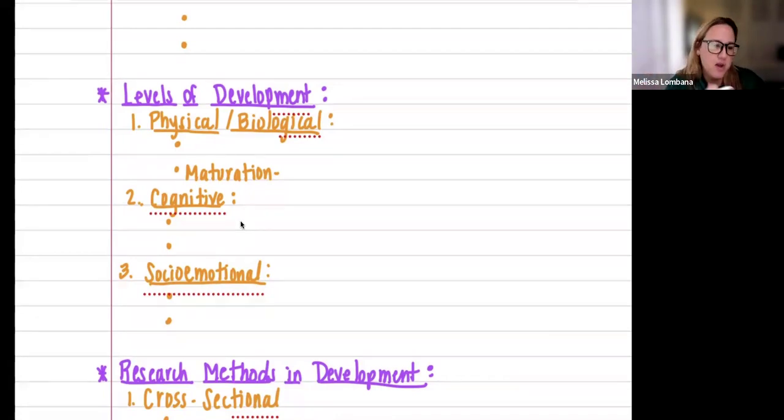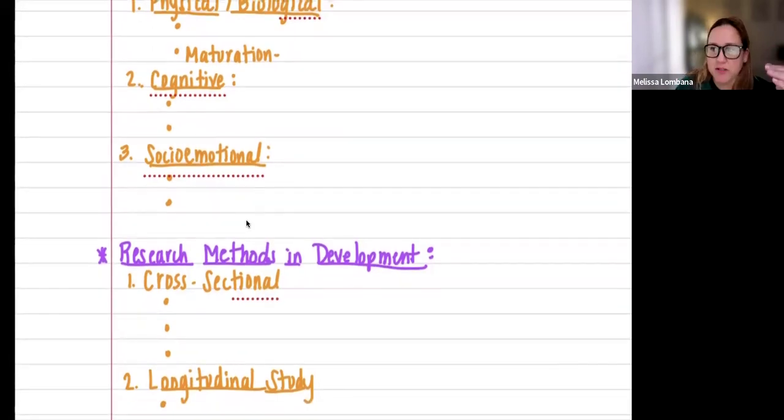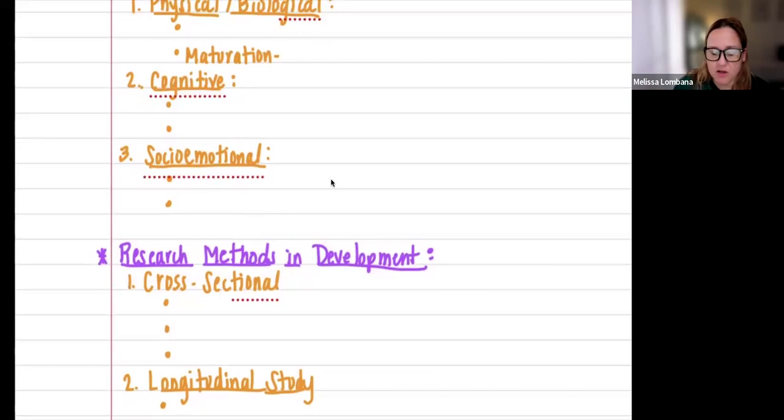From beginning to end. And then the next one is going to be the social emotional. And this is the changes that happen in people's relationships with others as well as our emotions and personality. Okay? So those are the three different components that developmental psychologists look at.